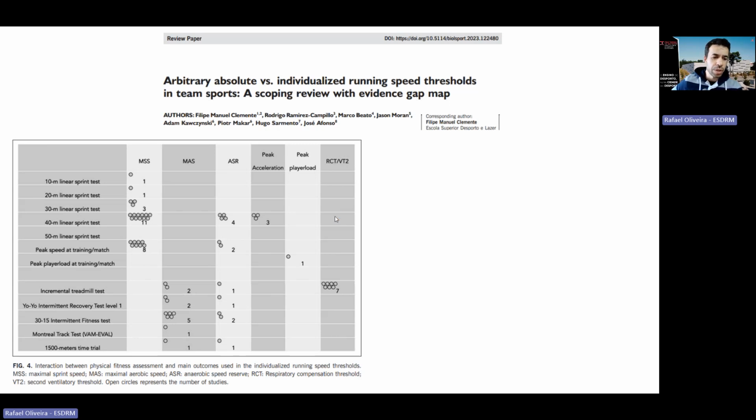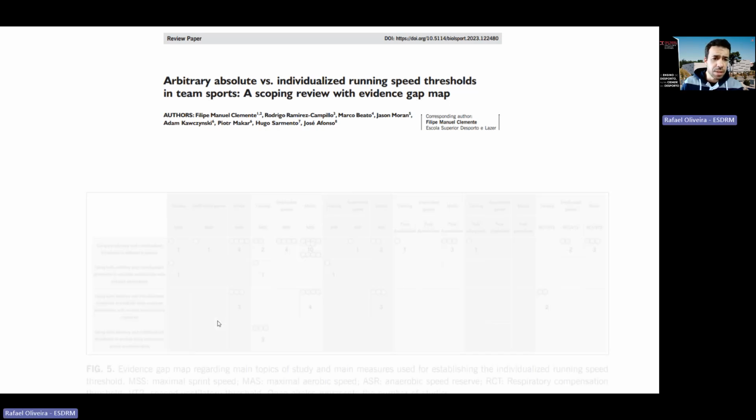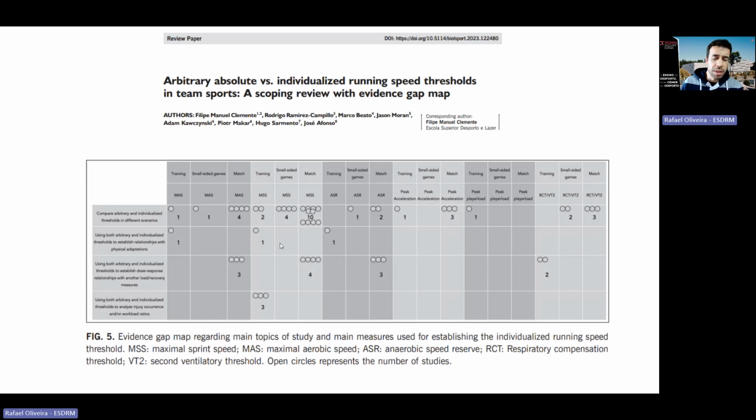But these thresholds are already known, and sometimes they are not specific from player to player. So how can we change this? This review analyzed many possibilities, and they basically found that some studies use the maximal sprint speed obtained during specific tests or during the match, and sometimes other situations.